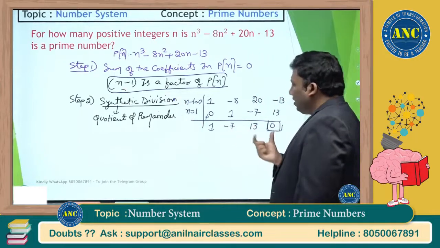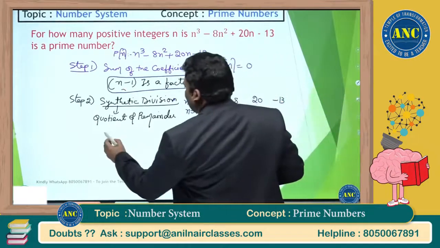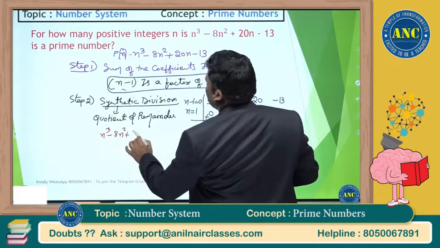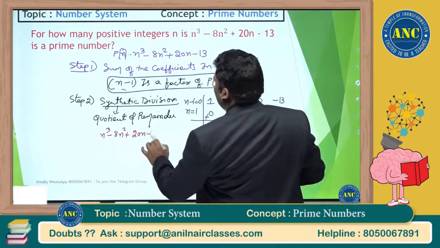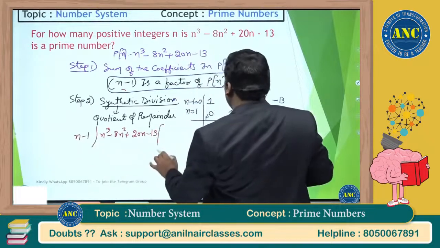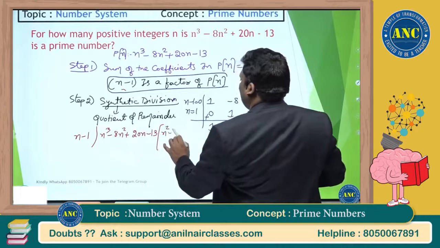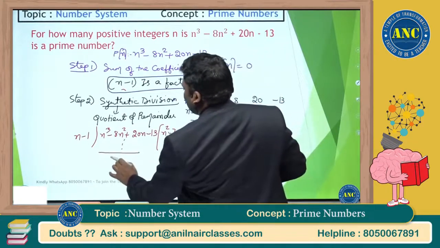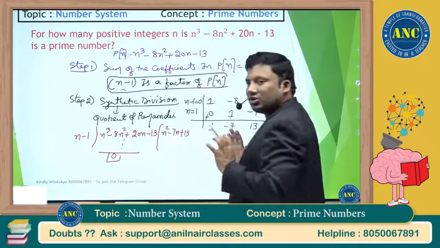What is the quotient we got? Instead of doing it like this, n cube minus 8n square plus 20n minus 13, you are dividing by n minus 1. What is the value you got? n square minus 7n plus 13. Perfectly divisible. Remainder 0. Am I right?